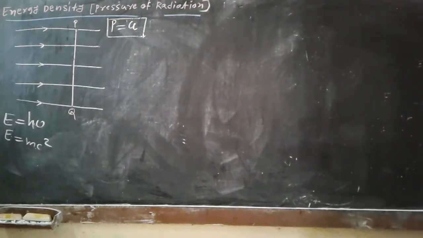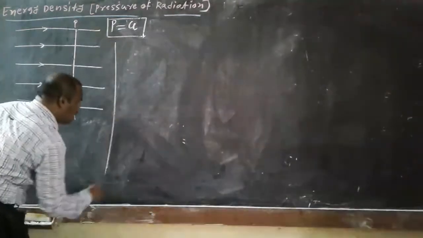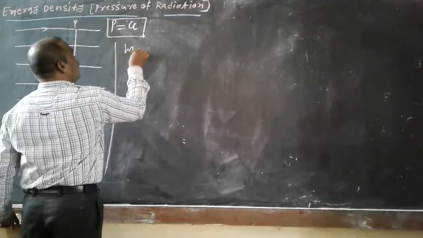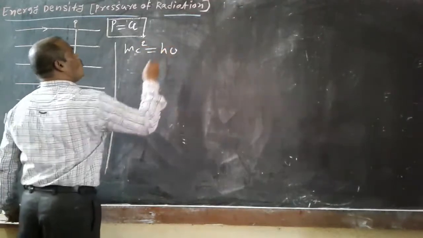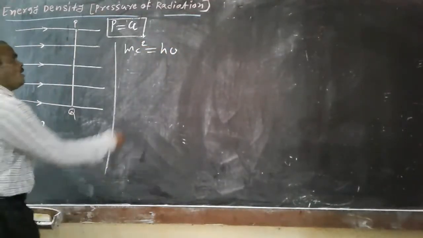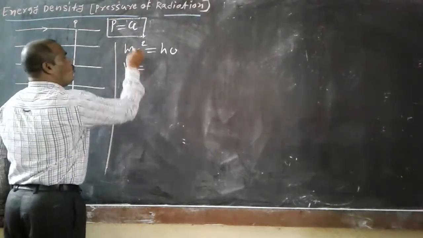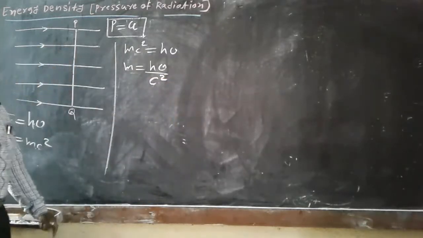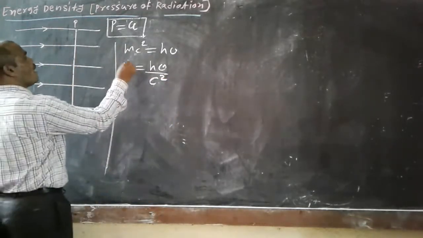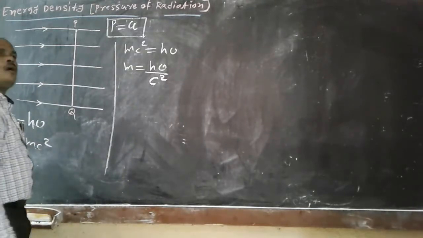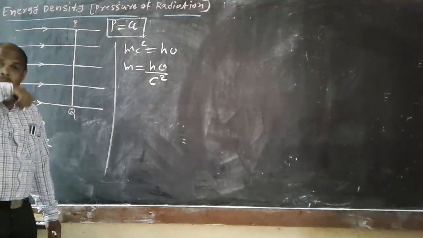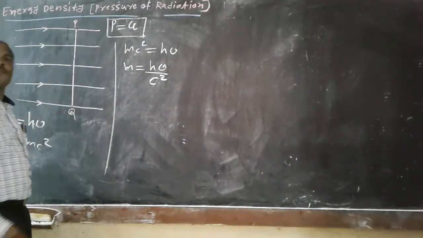Equating the two equations, we get mc square equal to h nu, then m equal to h nu divided by c square. So m is the mass of the photon.